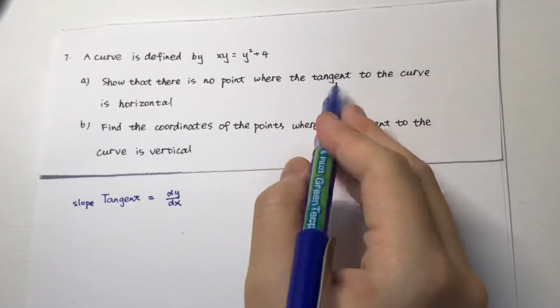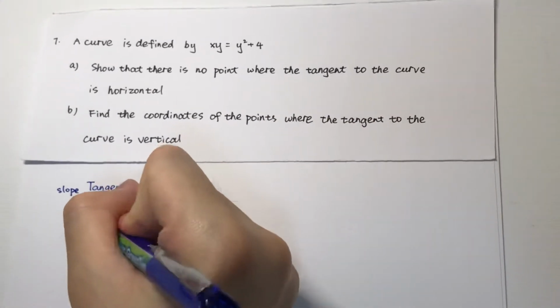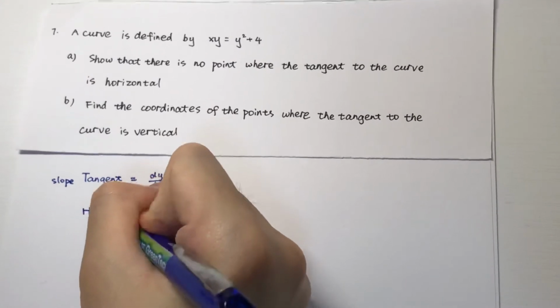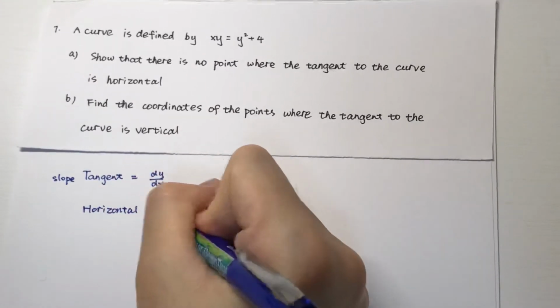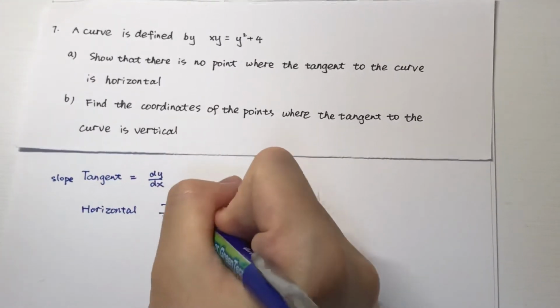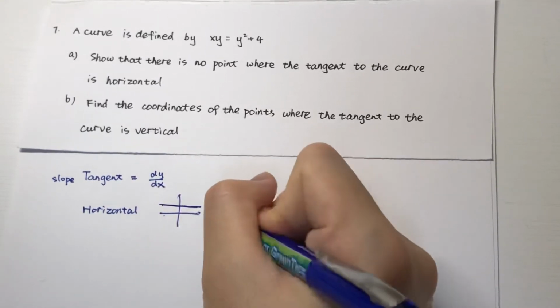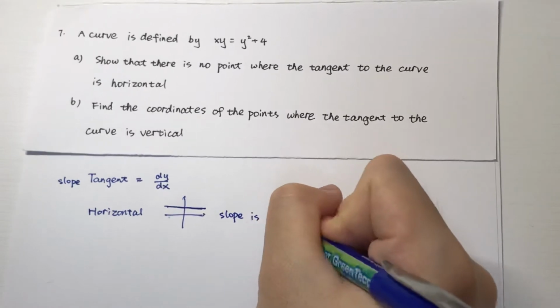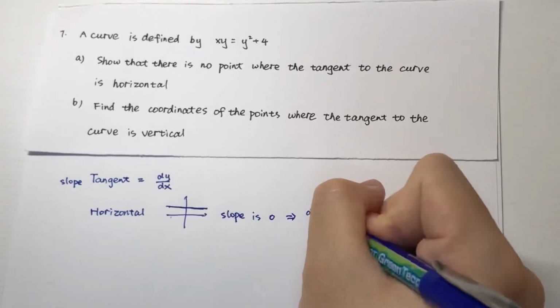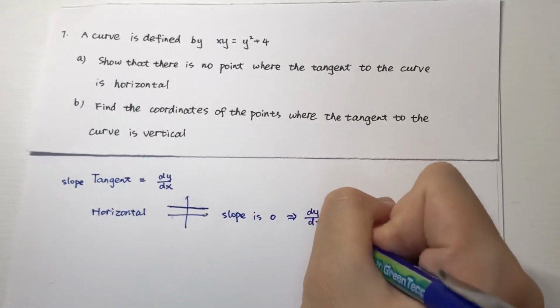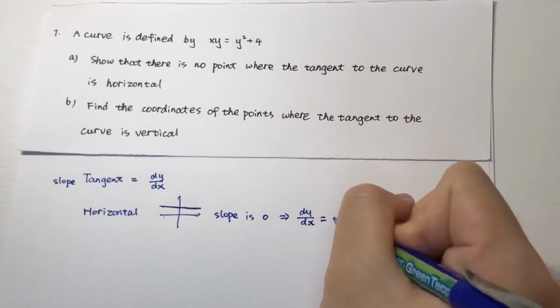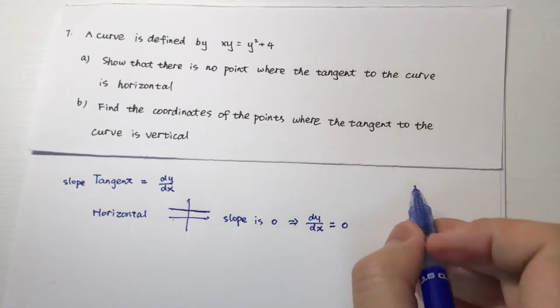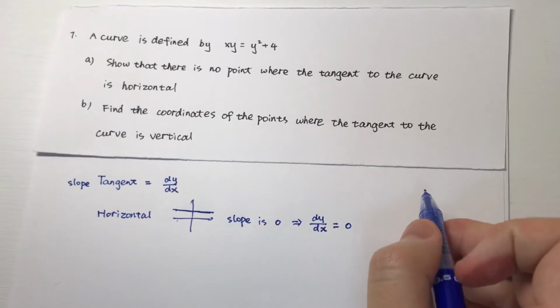And when the tangent line is horizontal, that means the slope is 0. So dy over dx, the first derivative, equals 0.